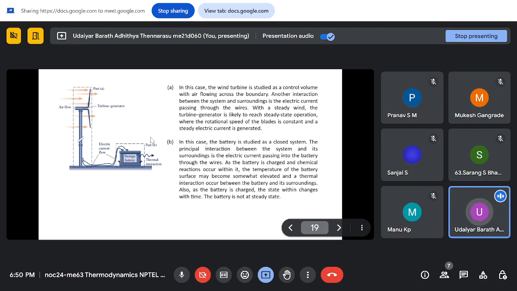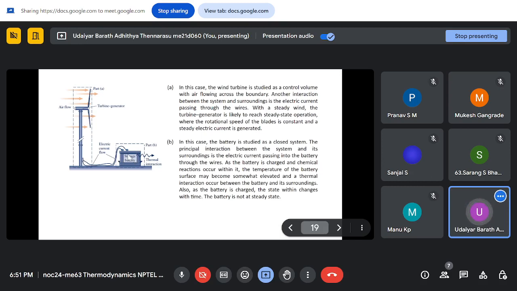The second part of the question asked you to consider only the storage battery. In that case, the electricity which is generated from the wind turbine is passed through the wires and it's stored in the storage battery. So there is an interaction happening because of the wires, there is energy which is coming in, and because of batteries, you charge and discharge.